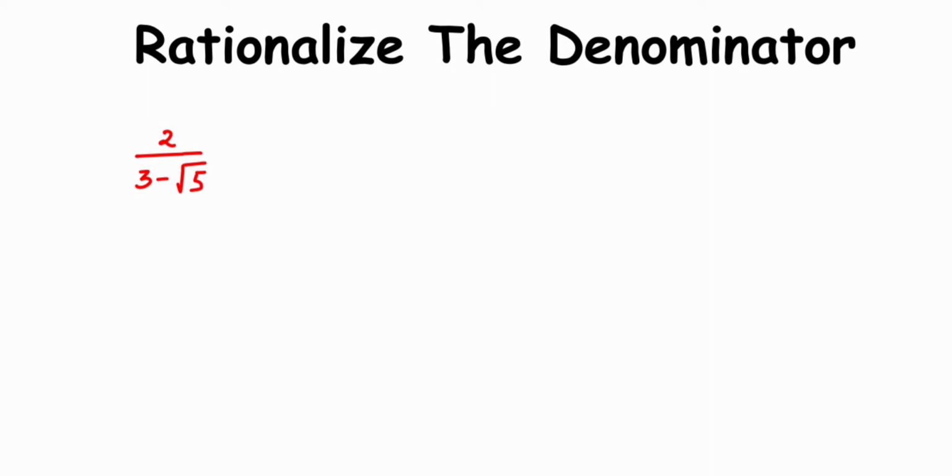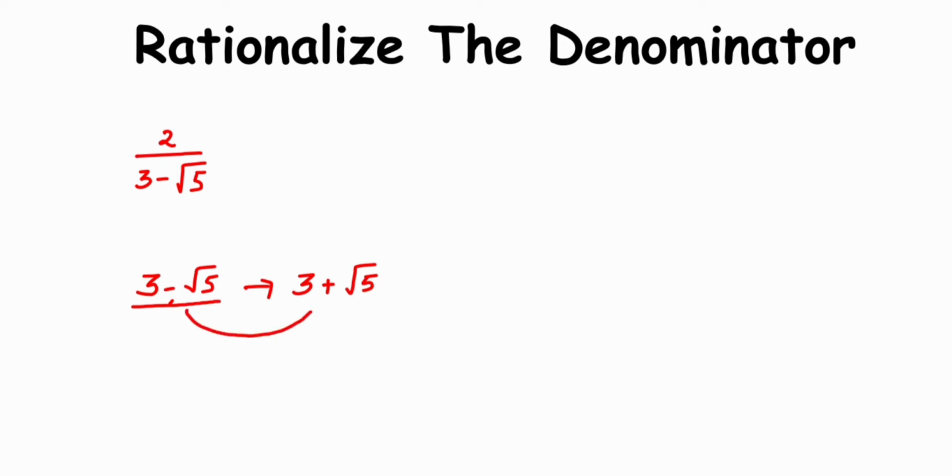You have to multiply numerator and denominator with the conjugate of the denominator. In the denominator I have 3 minus root 5, so its conjugate will be nothing but the same terms, 3 and root 5, but negative will become positive. So the conjugate of 3 minus root 5 will be 3 plus root 5.